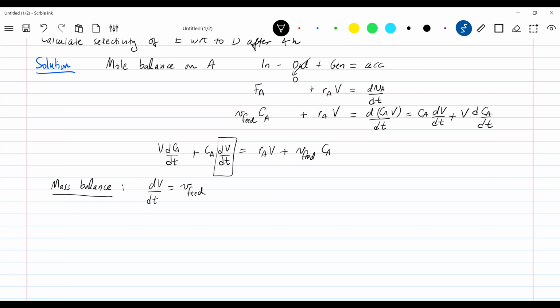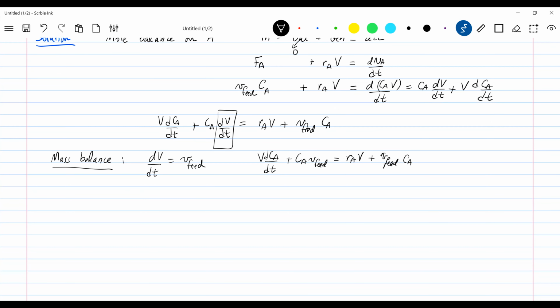So if you do that, then you can rearrange. You can divide by V.